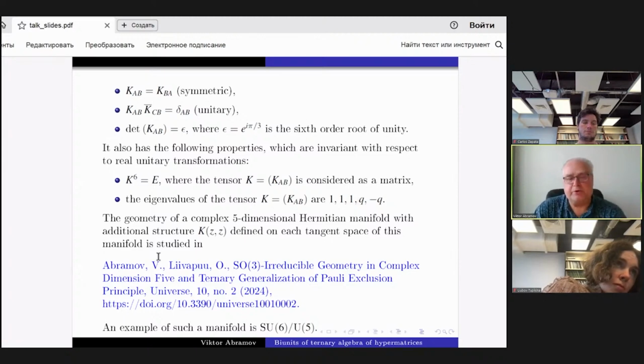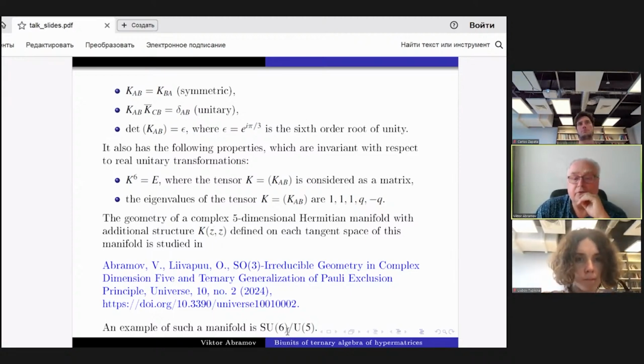And so we studied the geometry of a complex dimensional Hermitian manifold with additional structure determined by this invariant. So on each tangent space of this manifold, we have this invariant. And for example, an example of such a manifold is U6 factorized by U5, but it's not directly related to the material of this talk.